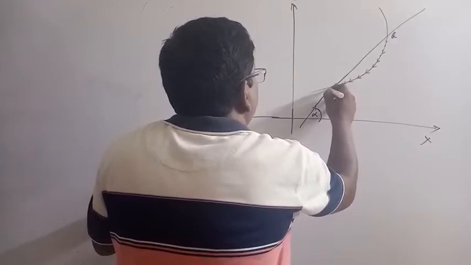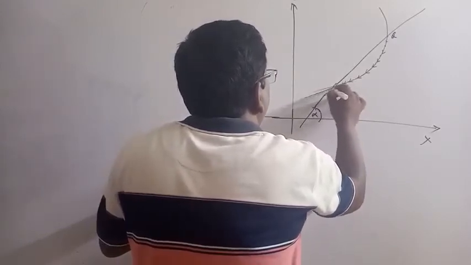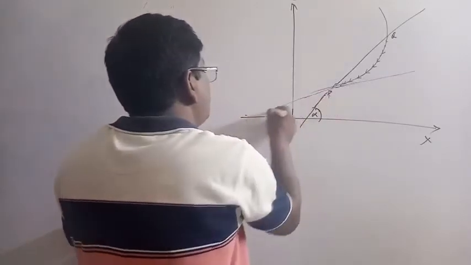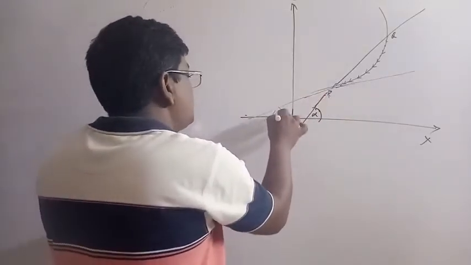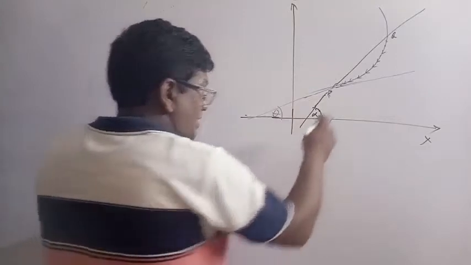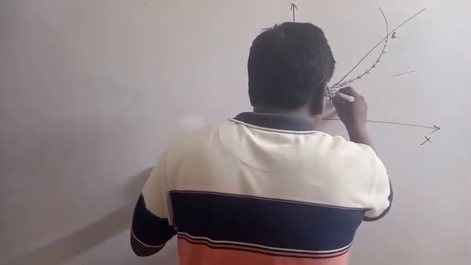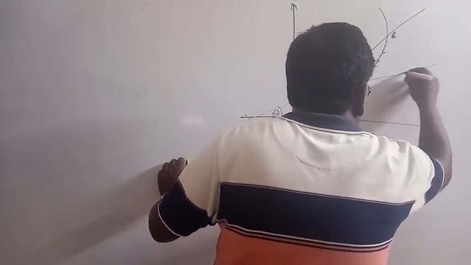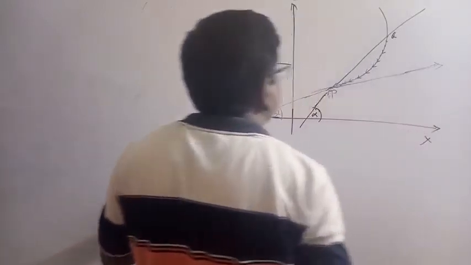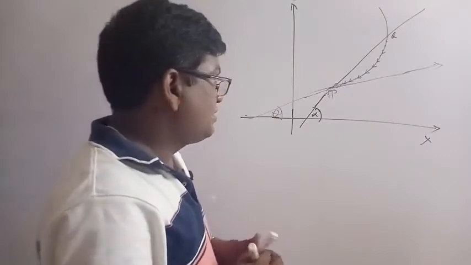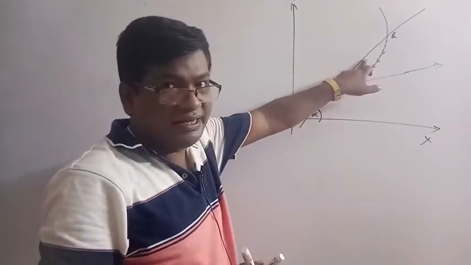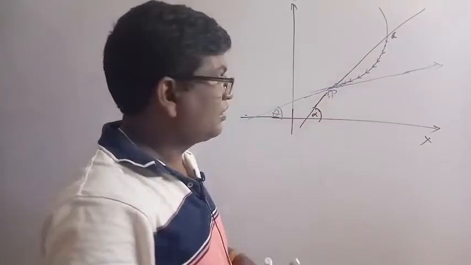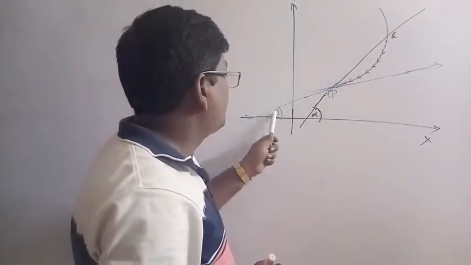This will be like this, and this will be like this. The blue color line is the tangent. And suppose this is theta, and this point P is the point of contact. The black color line is the secant, and the blue color line is the tangent. And this is theta here.